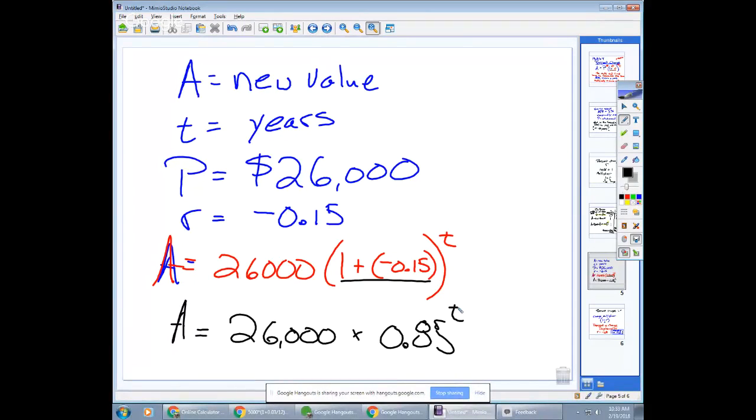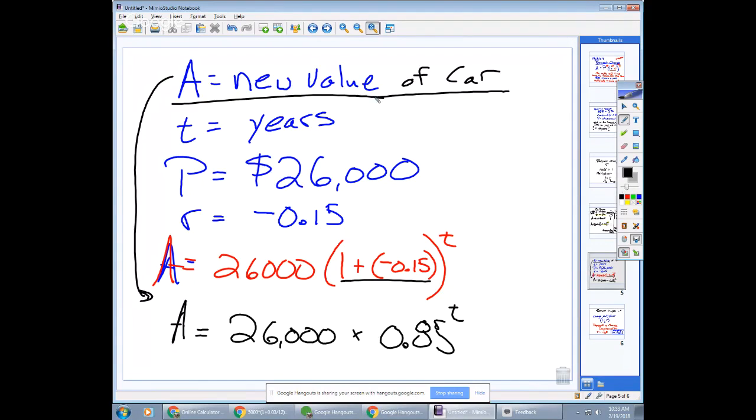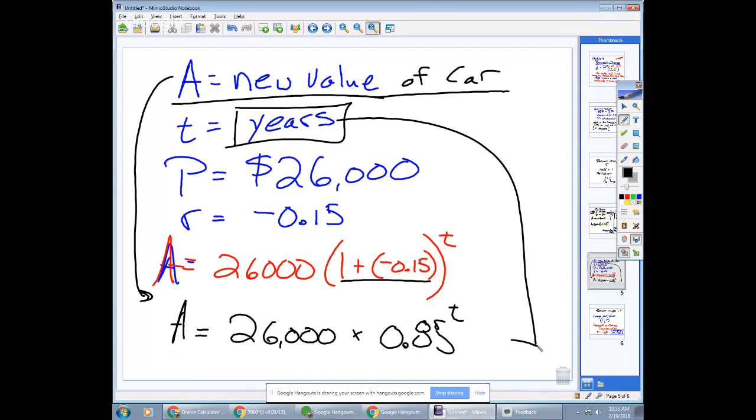What's that formula finding? The value of the car. So A is my formula for the new value of the car. So you tell me how many years have gone by, and my formula will spit out how much the car is worth if it loses 15% per year. The negative 0.15, that's our depreciation here.